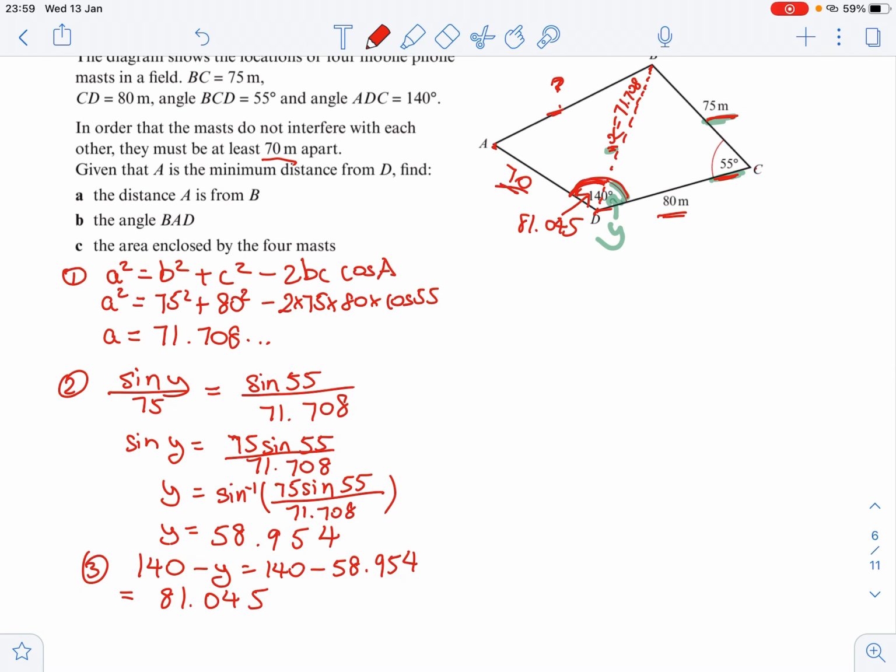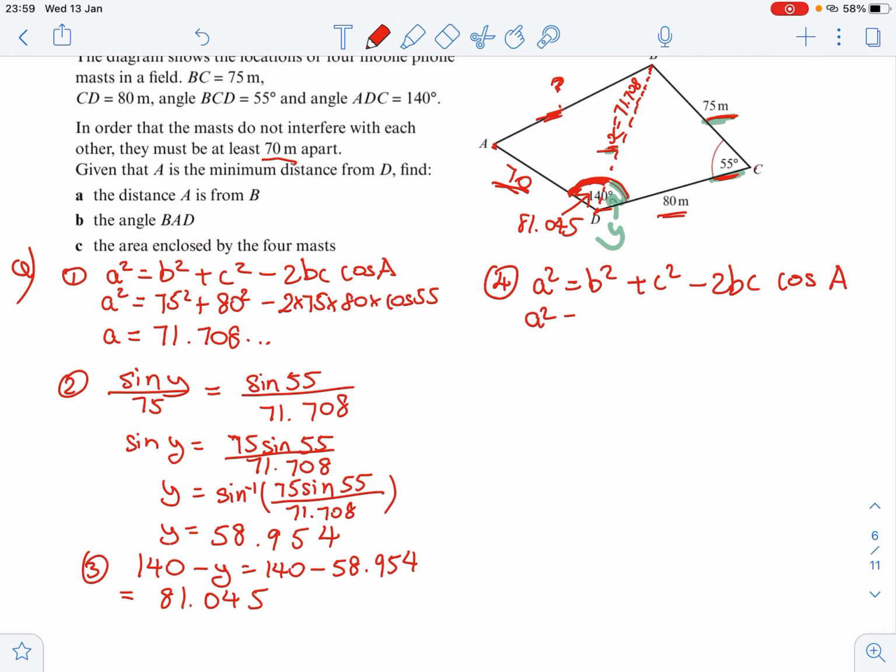We've got all the information, so 2 sides and the angle in between. So this is our step 4. Again using our cosine rule, a squared equals b squared plus c squared minus 2bc cos A. So this is our missing side and this is our angle.